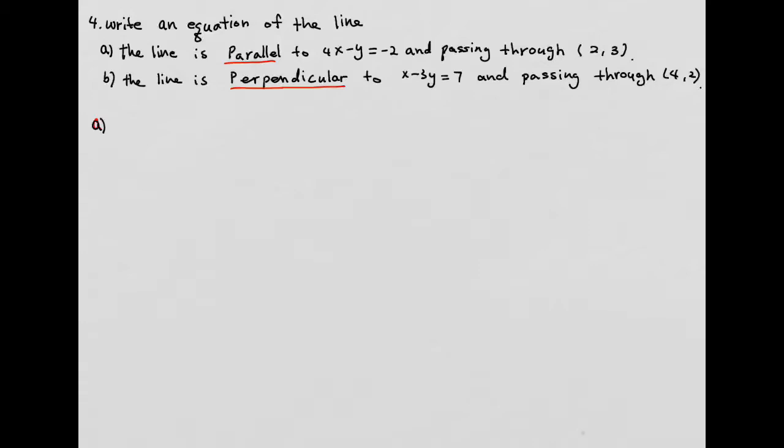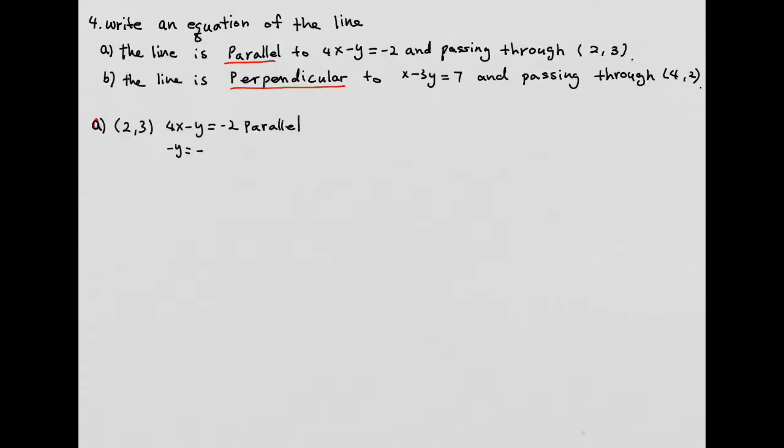So you have a point, 2 and 3, but you do need to find the slope. The equation given was 4x minus y equals -2. And parallel means we'll have the same slope as this given equation. So let's see what slope I have from this equation. Let's solve for y.